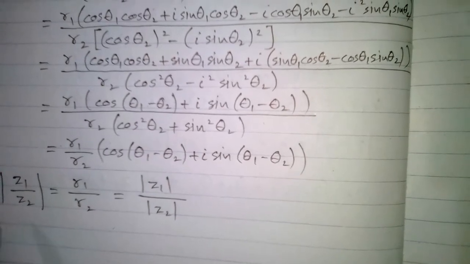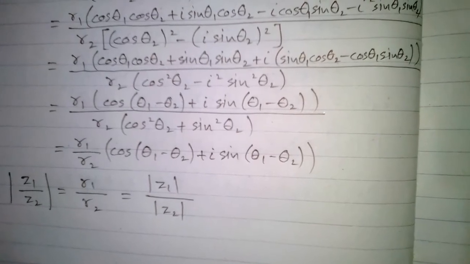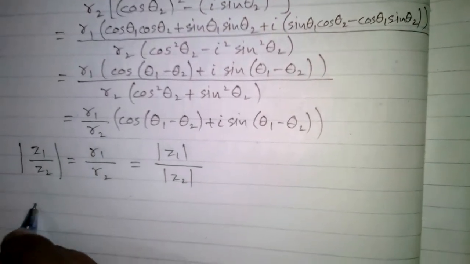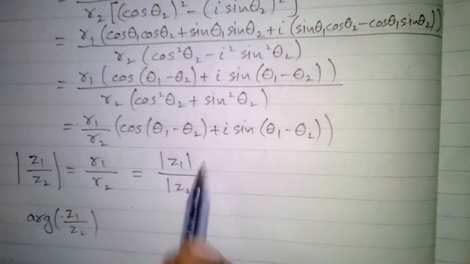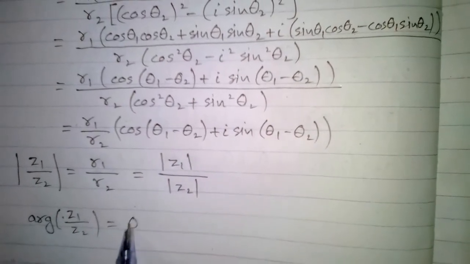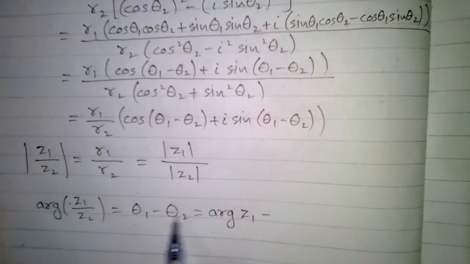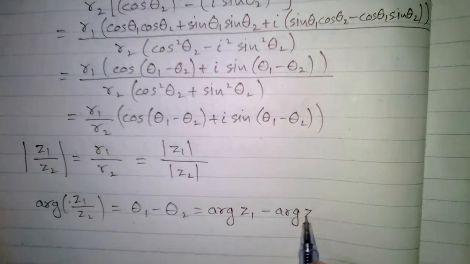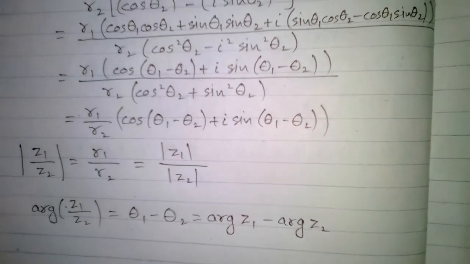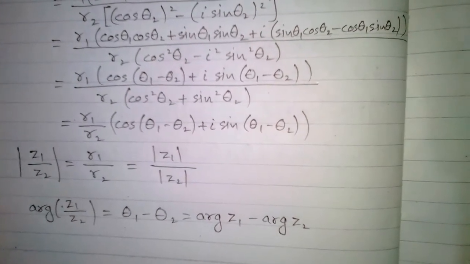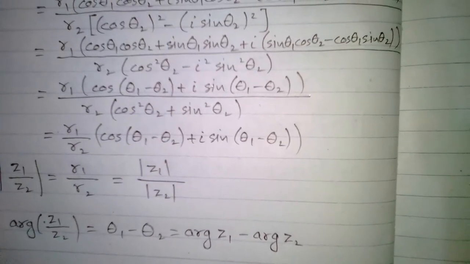So the modulus of the quotient of two complex numbers is equal to the quotient of the moduli of z1 and z2, and the argument of z1 upon z2 is equal to theta 1 minus theta 2, where theta 1 is the argument of z1 and theta 2 is the argument of z2. So the argument of the quotient of two complex numbers is equal to the difference of the arguments of each complex number. So this is the modulus and argument of the quotient of two complex numbers in polar form.